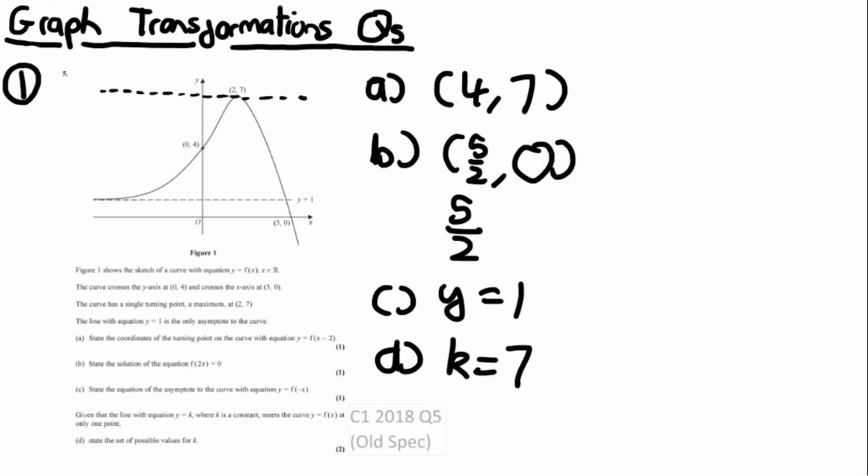So this is going to be up to when y is equal to 1. So we can say that k is less than 1, because when k is less than 1, it's only going to meet this point over here, as it doesn't cross the asymptote. The other thing you need to consider, though, is that it never touches the asymptote either.